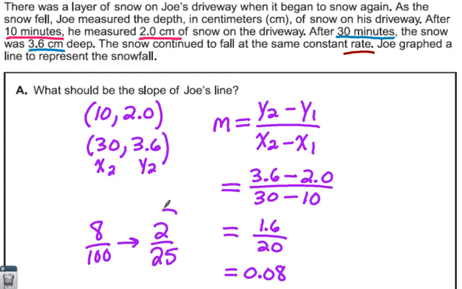So arguably that would be the best answer because it's in fraction form. But I would assume that 0.08 would get you the points. I don't know. So that's the answer to part A.